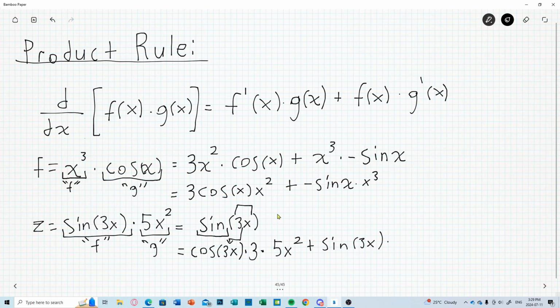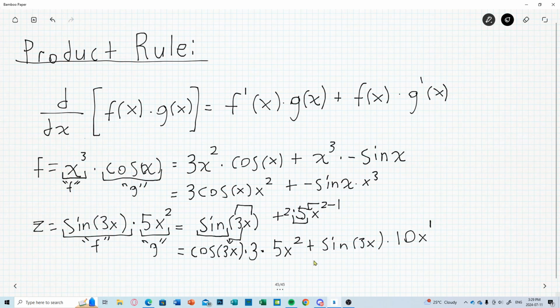So I'll put it up top here, just like the sine. We have our 5x squared. Since our constant is connected to our x, we can just take it outside for right now, and we'll put it in after. We're going to bring down the 2, so it's going to be 2 multiplied by 5. We subtract 1 from the 2, so we're going to get 10x to the power of 1.